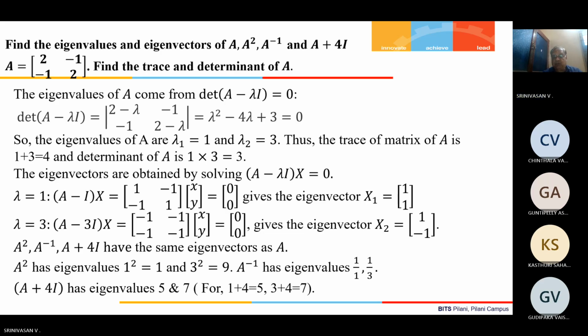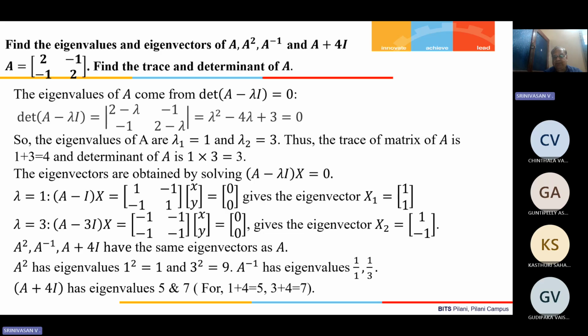So you just find x1 transpose. x1 transpose means column will become row, isn't it? 1, 1.